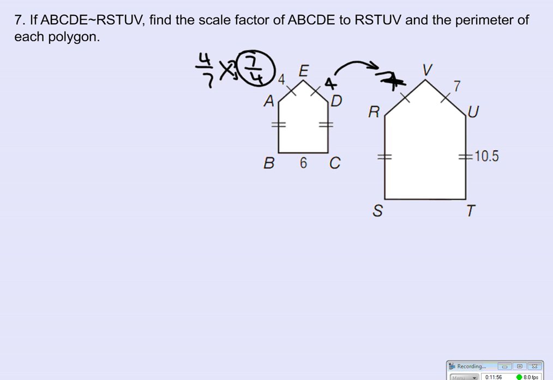Okay, so 6 times 7/4 is going to be 10.5. And since I'm going backwards from 10.5 over to here, I'm going to multiply by the reciprocal.